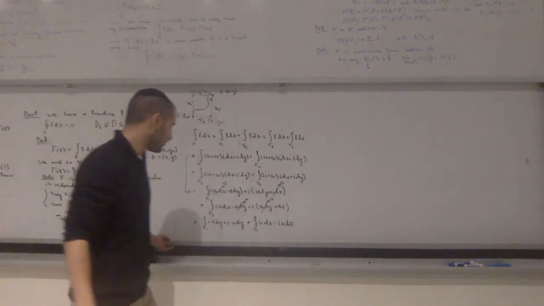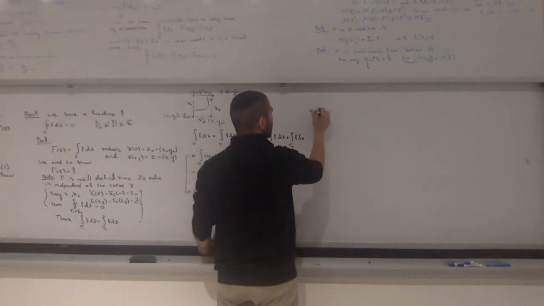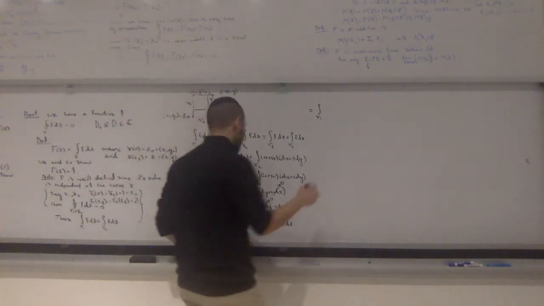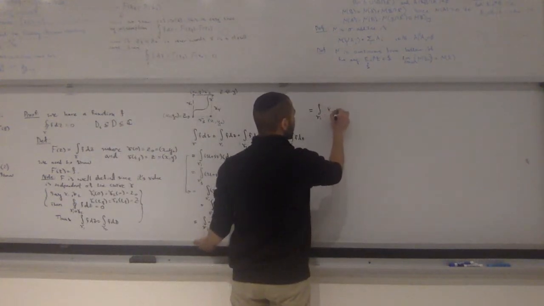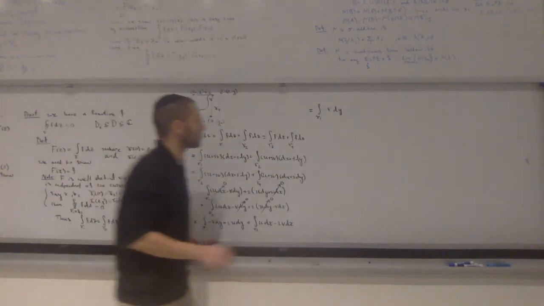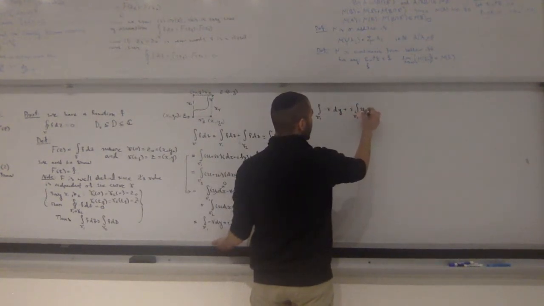So what do we have? We can rewrite this. This is the integral along gamma 1 of minus v dy plus i times the integral along gamma 1 of u dy.